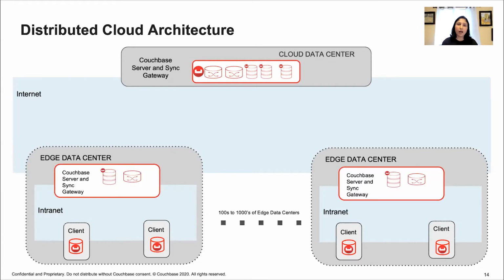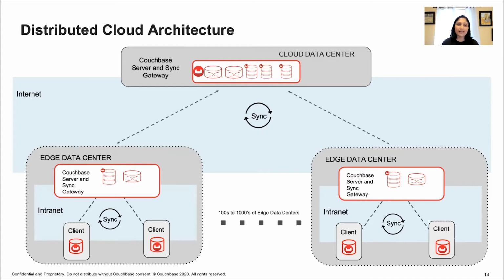You can deploy Couchbase Server and Sync Gateway in the local micro edge data center. Clients in the local network sync data through the local data center. And the new InterSync Gateway replication protocol in 2.8 allows secure sync between the edge and the cloud data centers, and it can do this at scale.